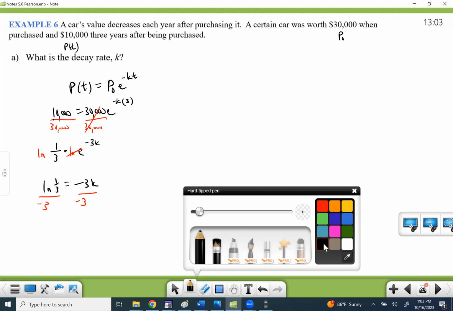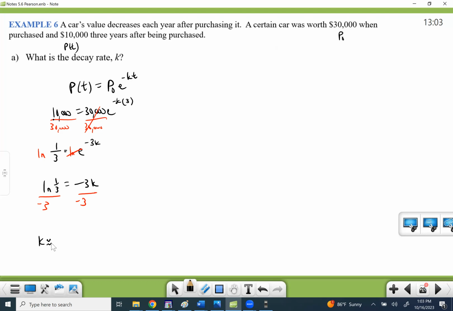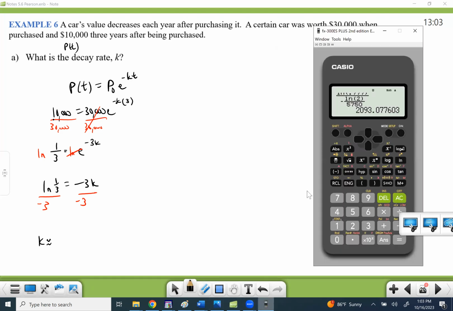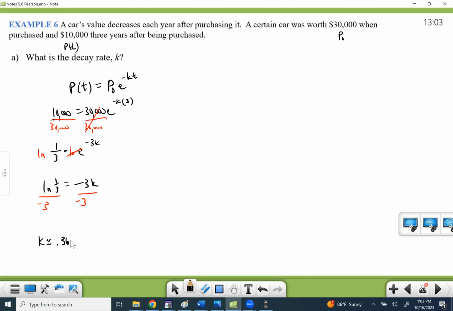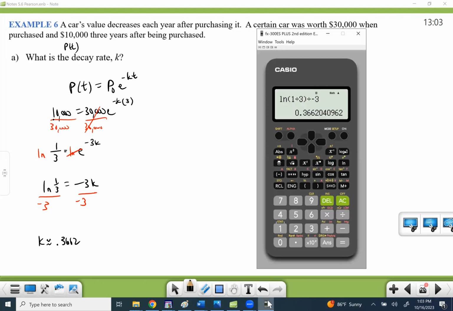You have the decay rate. So K is approximately, let's do natural log of 1/3. And then I have to divide that by negative 3. So 0.3662.